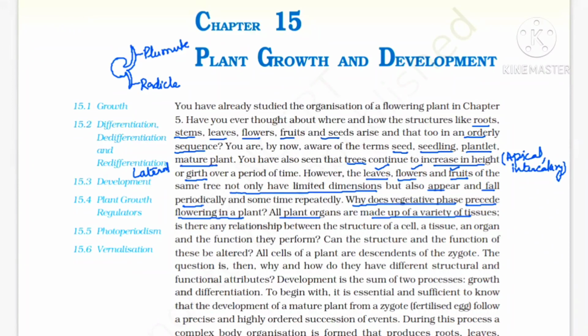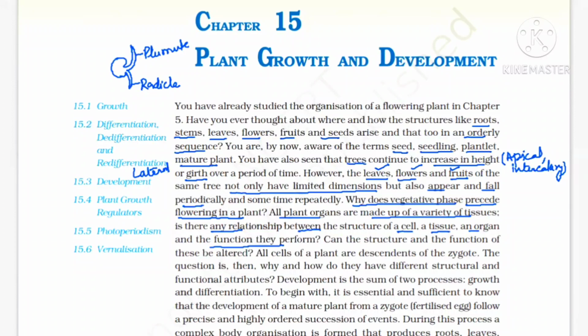You know very well that collenchyma, which is a living mechanical tissue, will be seen in the petiole, in the stalk of the flower, stalk of the leaf, in the young stem, and sclerenchyma works for mechanical support. Parenchyma, which will have chloroplast, will do photosynthesis and storage of food. So yes, there is a relationship between the structure of cell, tissue and organ and the function they perform.